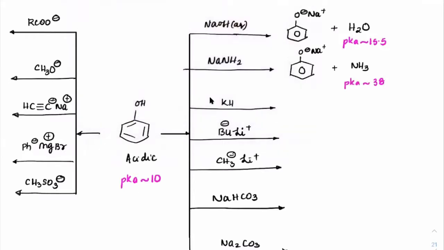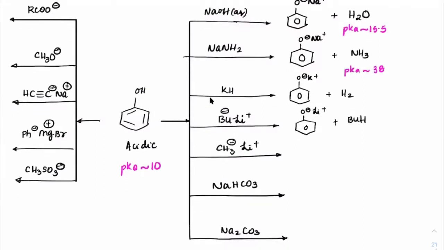Okay, students. So next reaction, it is the phenoxide ion, O minus K plus, H2. Next reaction, O minus Li plus, BuH, which means butane. Next reaction, the phenoxide ion with lithium plus CH4.